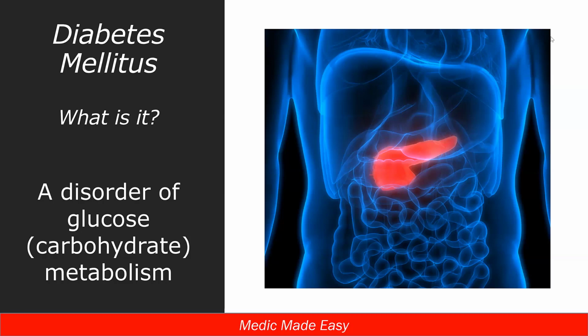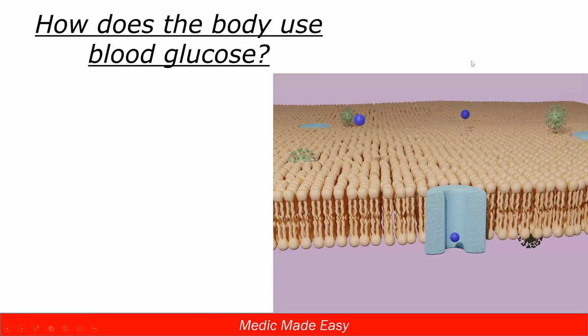This is heavily dictated by our pancreas, which is lit up there in that picture. The pancreas is the main one. If it's an issue with the body's ability to use blood sugar, then we have to ask ourselves, how does the body use blood sugar, or blood glucose? We use them interchangeably.